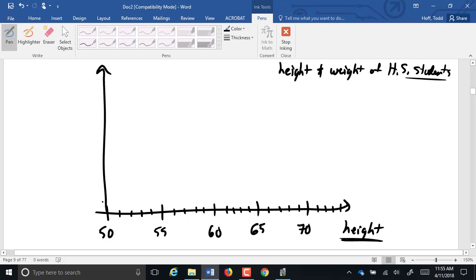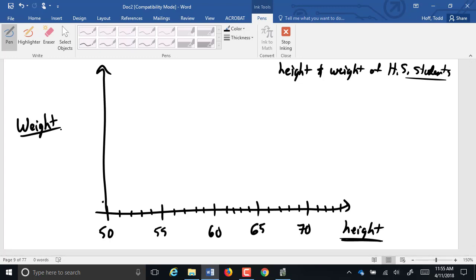Going up this way, for weight, well, again, normally we'd want to start at 0, but there's nobody who weighs 0 pounds. So let's say the lightest person in our sample here is 90 pounds.